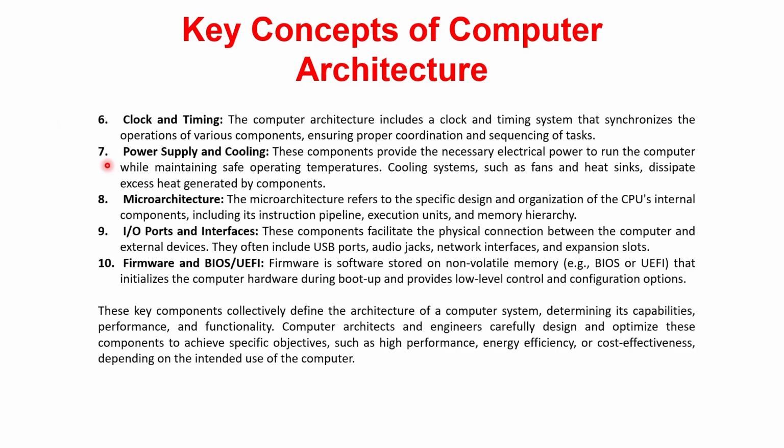These components provide the necessary electrical power to run the computer while maintaining safe operating temperatures, because when the CPU executes instructions, it emits heat and heats up. So a cooling system such as fans and heat sinks dissipates excess heat generated by the components during operation.